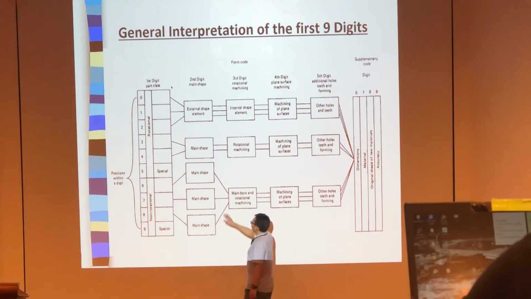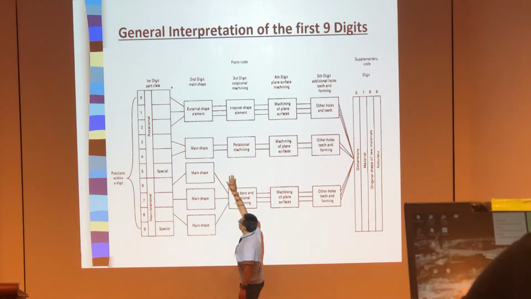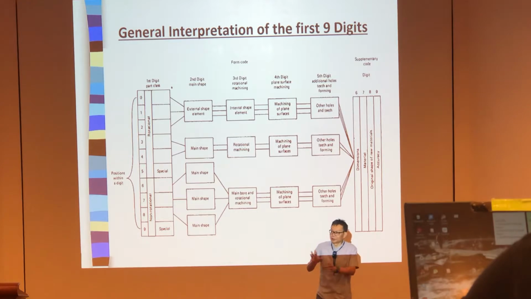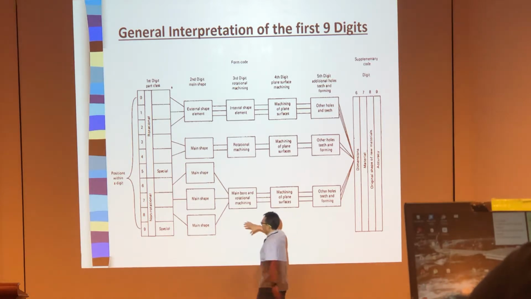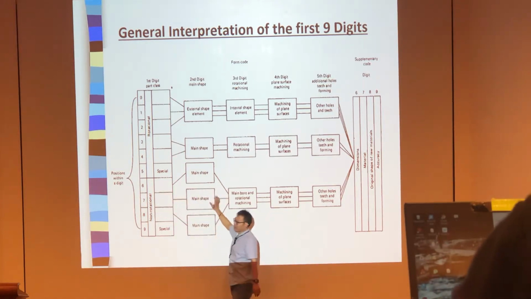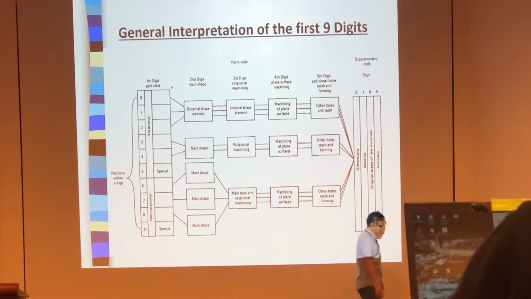If the first digit belongs to 0 to 5, then the subsequent digits refer to rotation. The second refers to external, the third to internal, the fourth to machining, and so on. For non-rotational, the meaning will not be covered. We only focus on rotational in the following page.